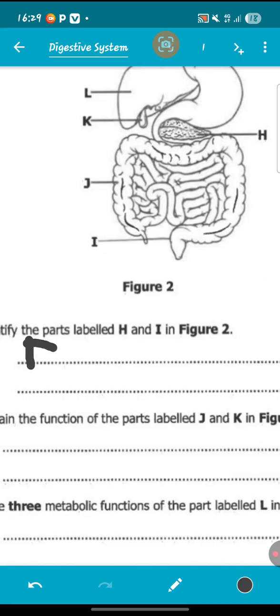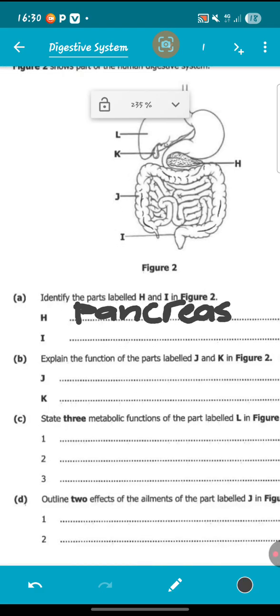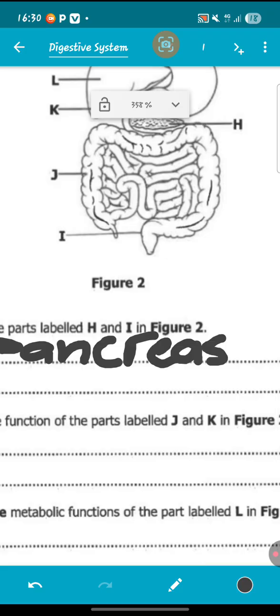Here you don't have to confuse yourself. We have got this part, then this part, as well as this part where I is pointing.